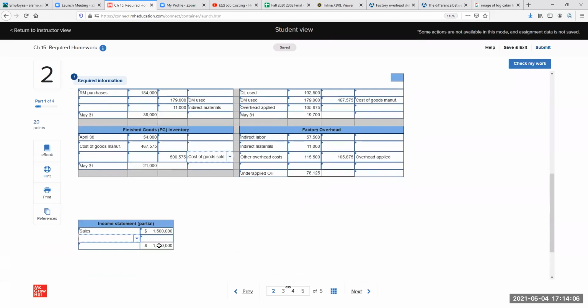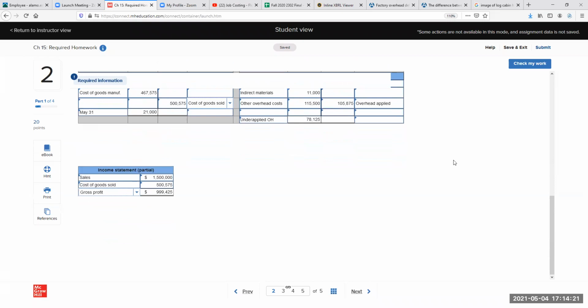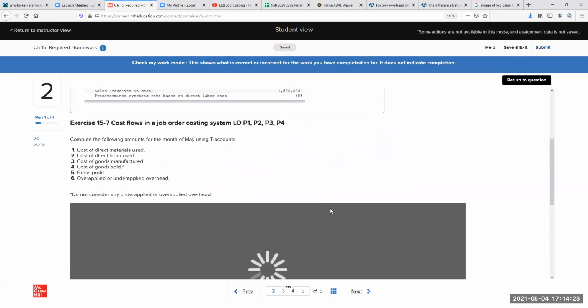They went to cost of goods and they want an income statement. So that's where it would go down here to our cost of goods and cost of goods sold. And then there's our net gross profit. All right, now let's see. So you got to kind of understand the flow. So I'm hoping you're starting to understand the flow here.